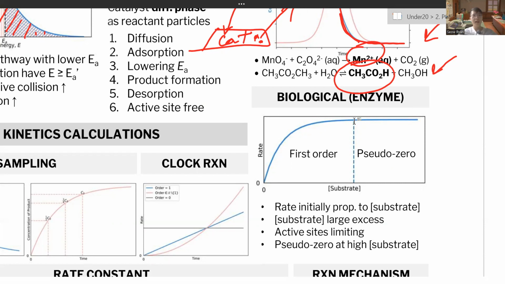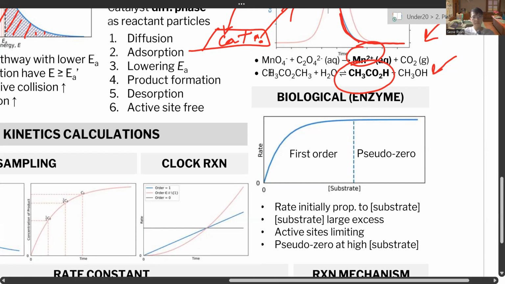So there will always be a batch of substrate reactants lying around that are not catalyzed at all. Regardless of how much you increase the concentration, the rate is not going to increase. We call this a pseudo-zero order reaction. So remember this graph, understand this graph and its shape.